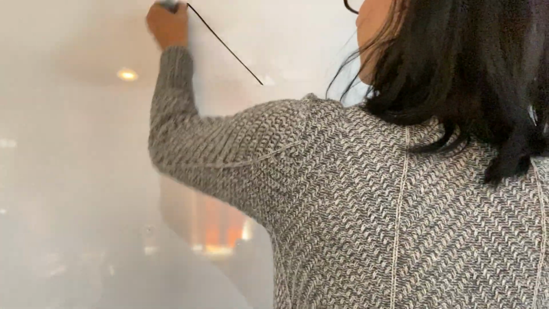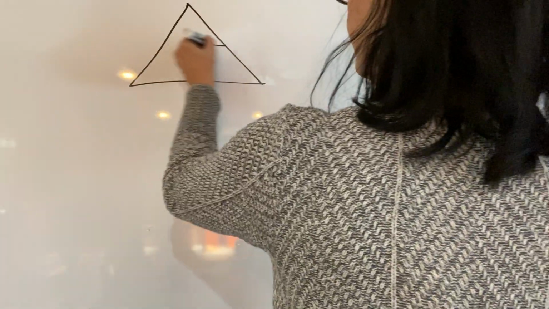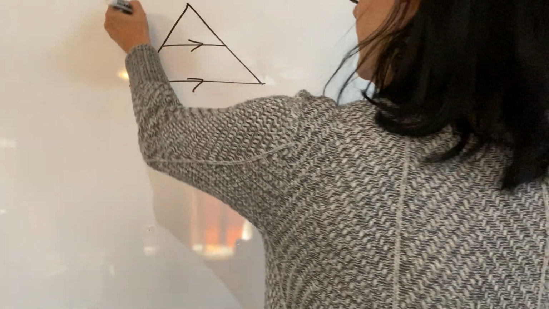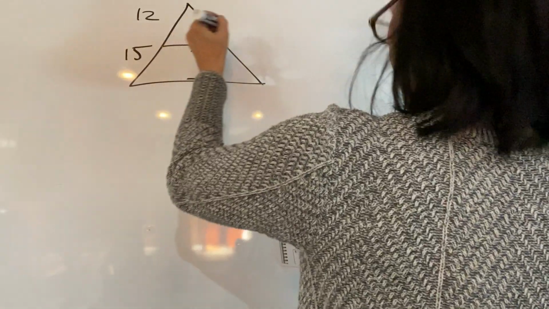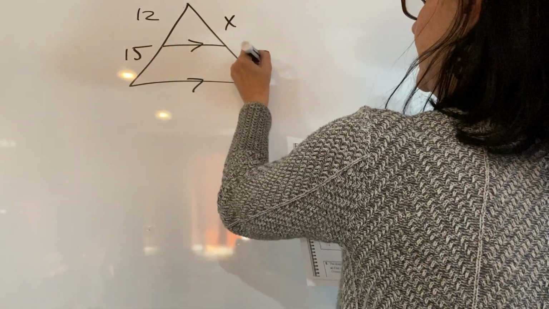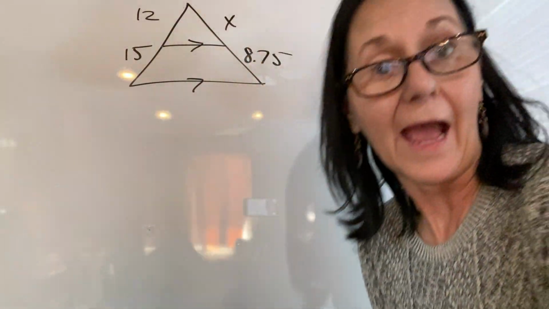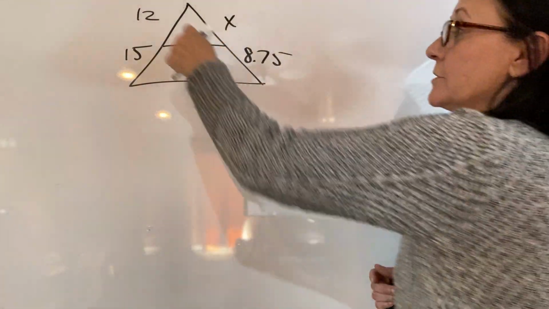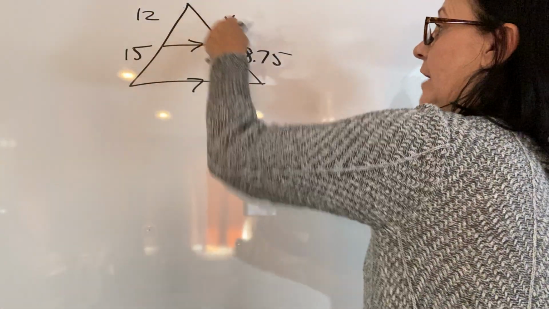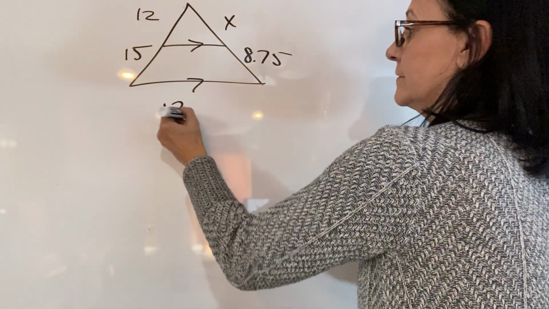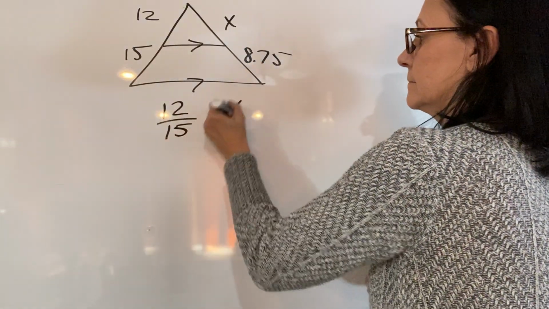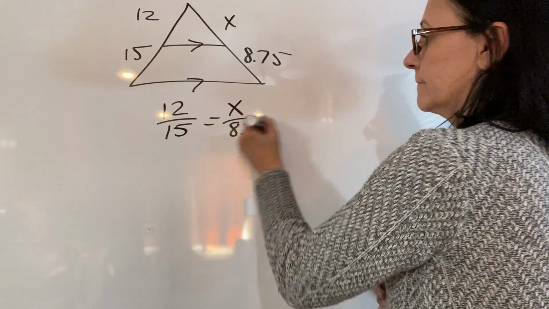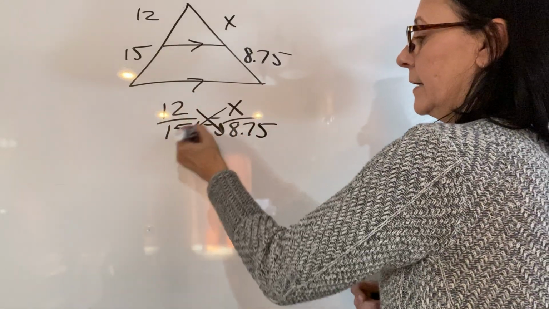All right, let's do one more. 12, 15, x, 8.75. Because I just have the two sides, I'm just going to do 12 over 15 equals x over 8.75. And I'm going to cross multiply.